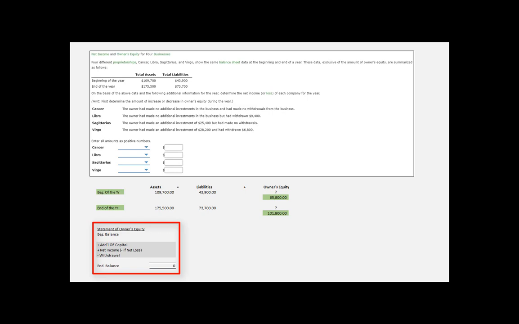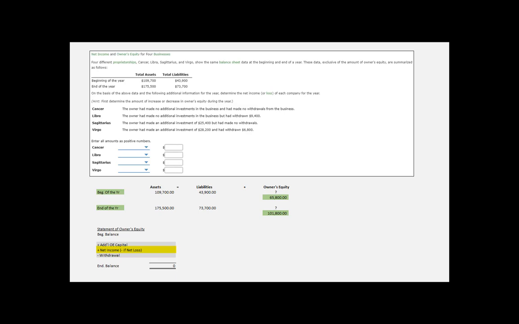Beginning balance is increased anytime there is funding or additional funding injected into the business. We call this capital. During the period, the company operates, and if it does well, all of its revenue would be higher than all of its expenses. Then we have a net income, which increases owner's equity.